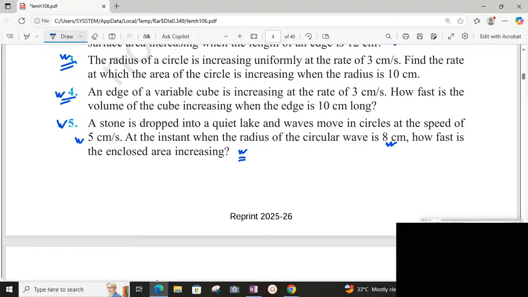It means that this question asks us for the value of dA by dt. It means that dC by dt is given and r is also given. So let's see the solution.